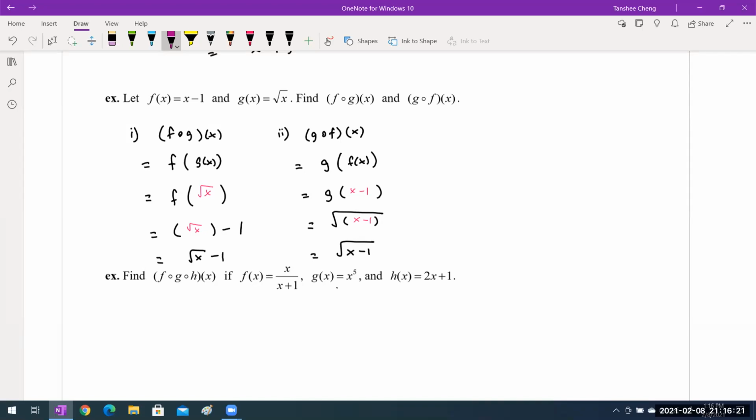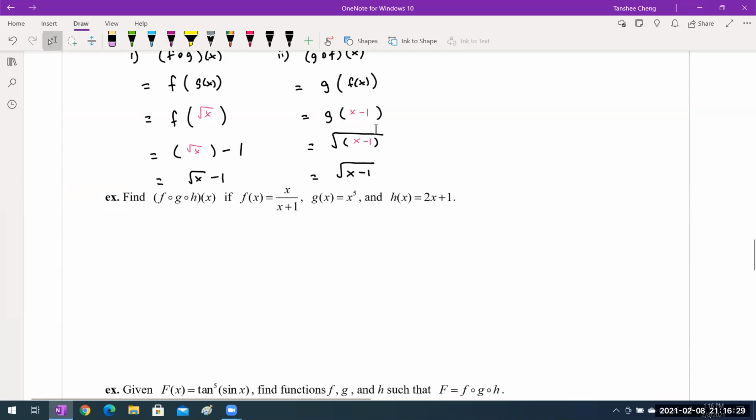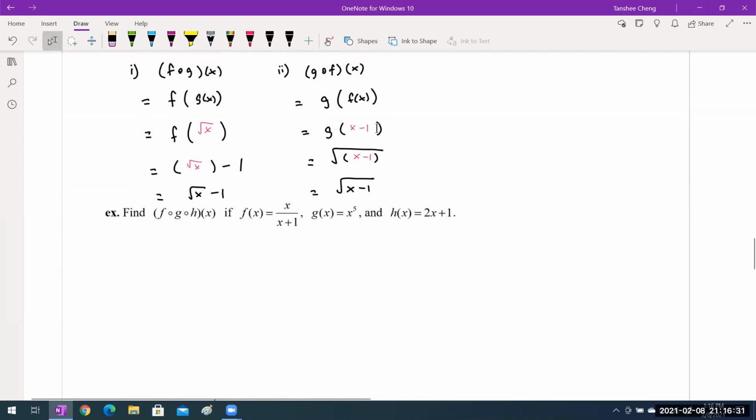And the next example shows you the extension of composition functions, which is composing 3 functions. We want to find f composed of g composed of h of x. Let me copy down the question first.